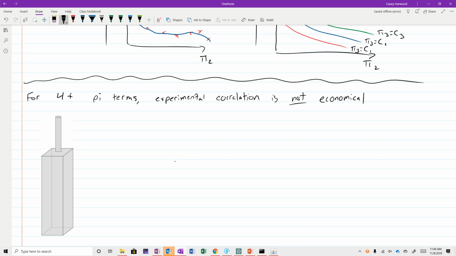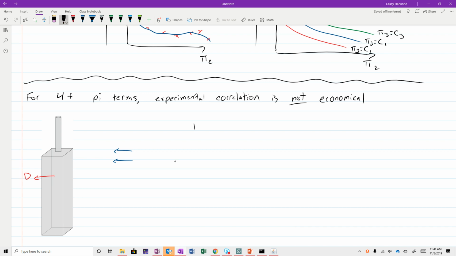If we've got wind blowing in this direction, we can expect that there's going to be some drag force acting on the building as a result of that.